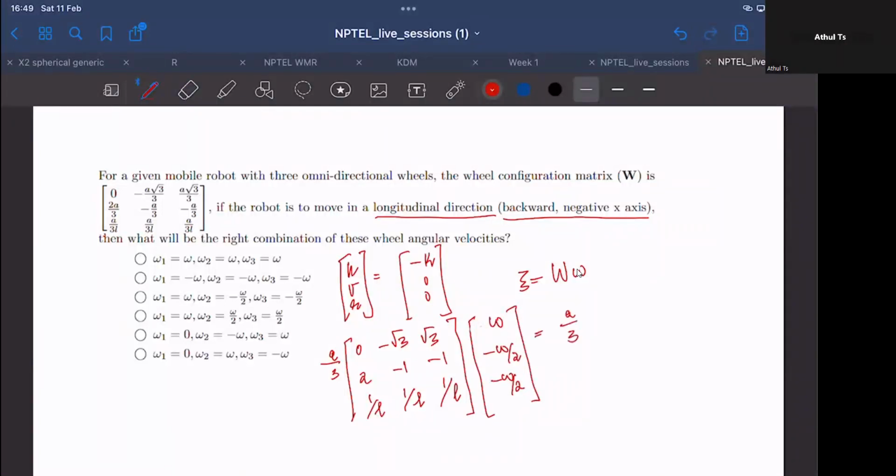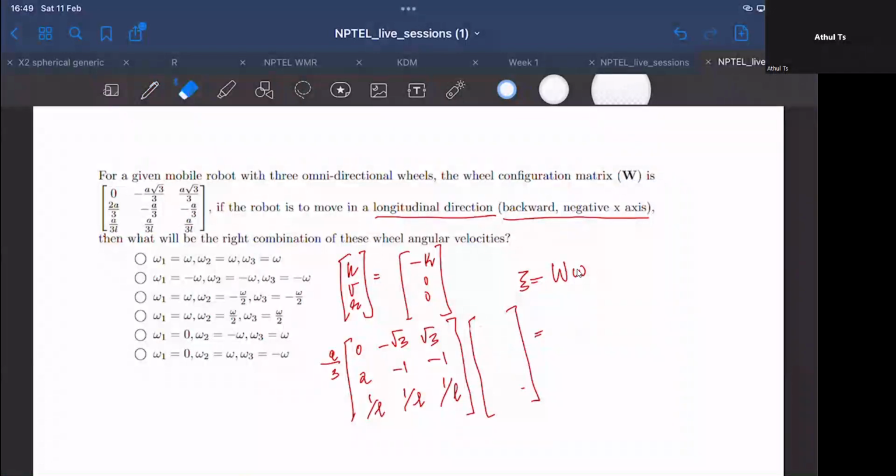A by 3 times root 3 omega by 2 minus root 3 omega by 2. Again, the first row becomes 0. Again, this is also not the correct option because we need the first row to be non-zero.